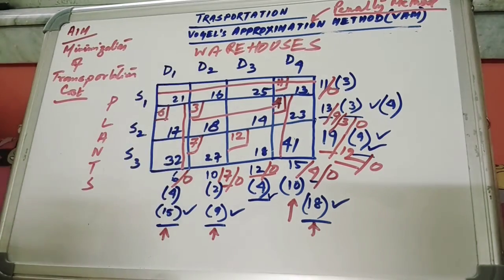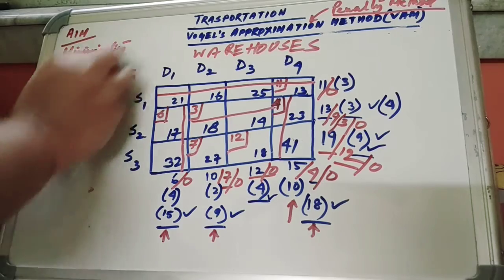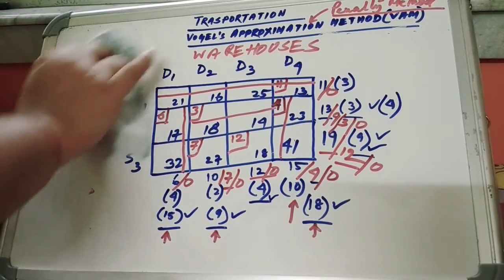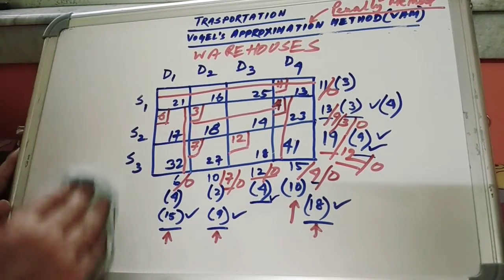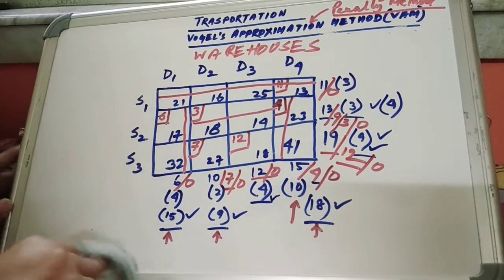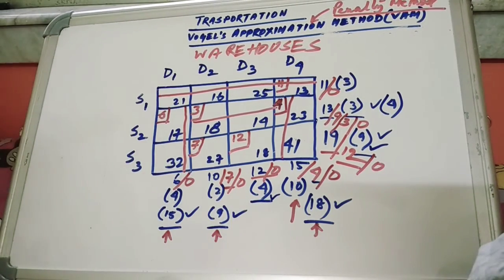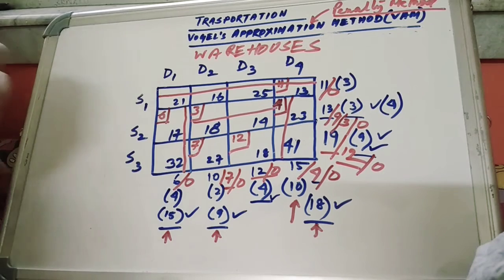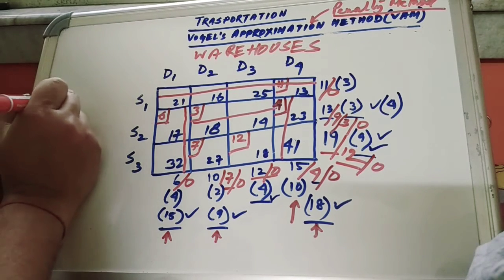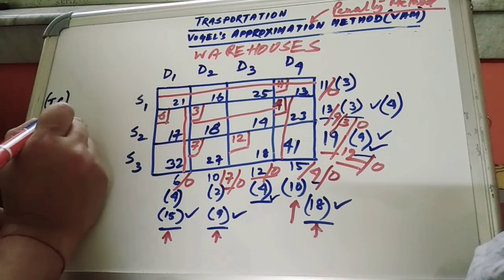Now the next step is to find the total cost. To find out the total cost, the procedure remains the same as we have applied in the least cost method or northwest corner method. So total cost using VAM.